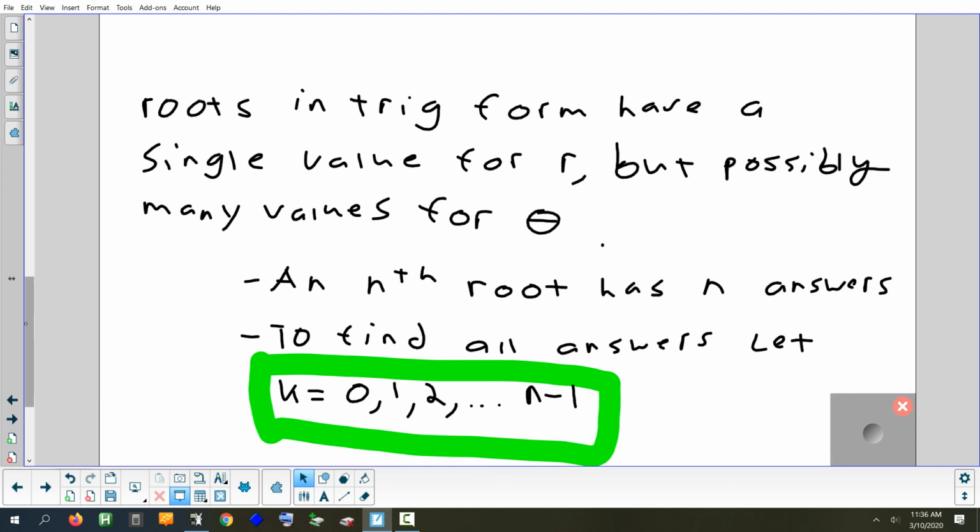That's why it's always 1 less than the root, because you're starting at 0. A 5th root, you'd plug in 5 numbers for k, 1 at a time: 0, 1, 2, 3, 4. And that's how you get your 5 answers.